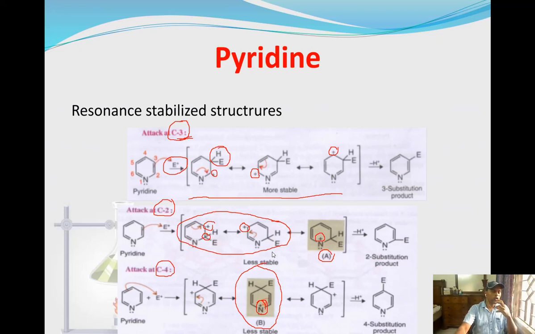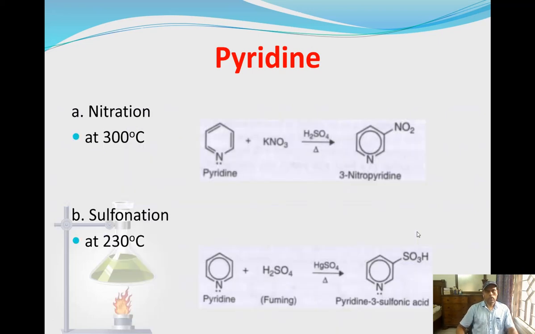They are not going to happen. That's why the attack will take place at C3. C3 attack is more stable. That's why the electrophile is going to attack at the C3 position on pyridine, not at C2 and C4.